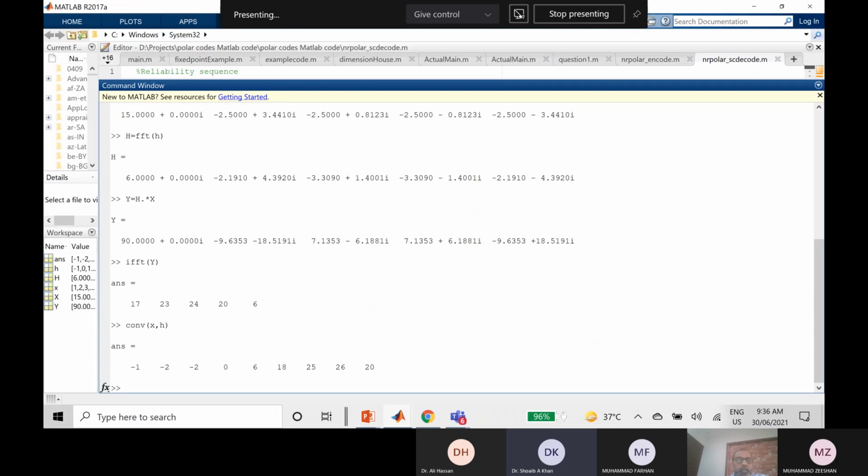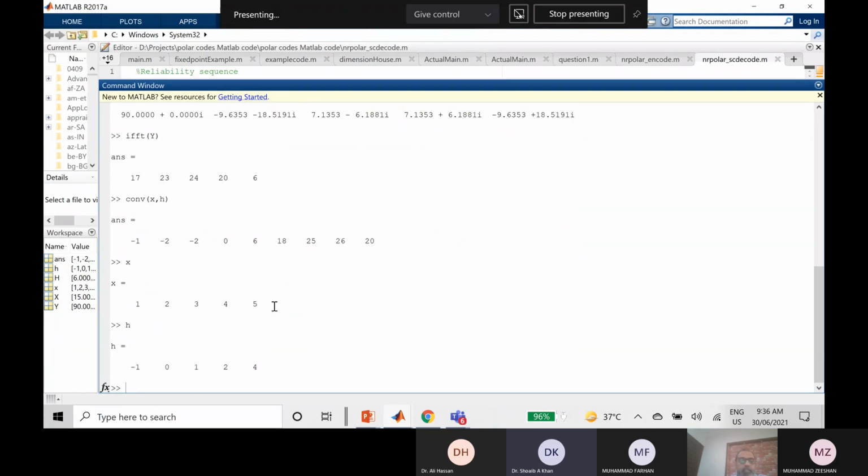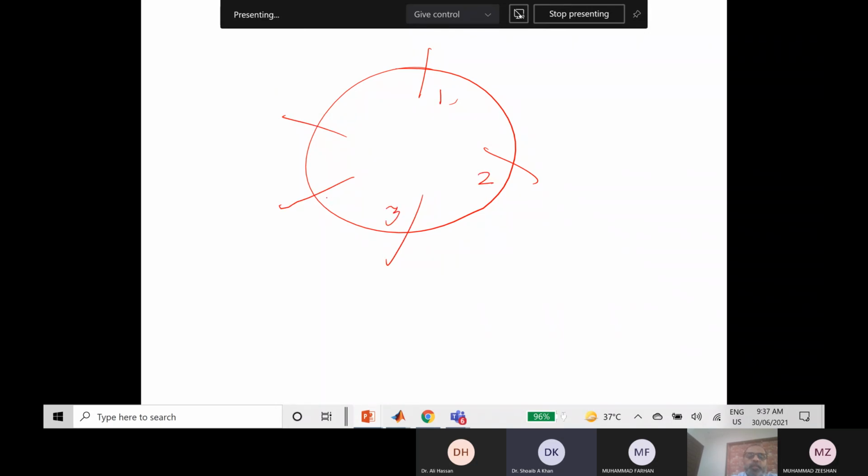So here the two signals are, let's say x हमारा ये था, h हमारा ये था. ठीक है, 1 2 3 4 5 and -1 0 1 2 4. So you draw a circle like this, and on it write 1 2 3 4 5. This is my 0. Okay, and now use another color.